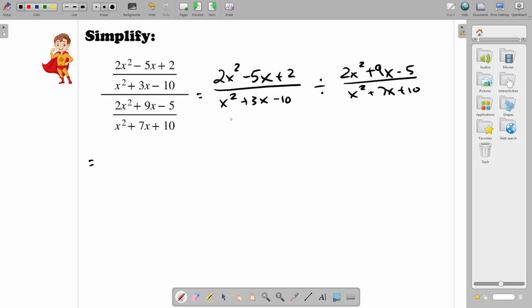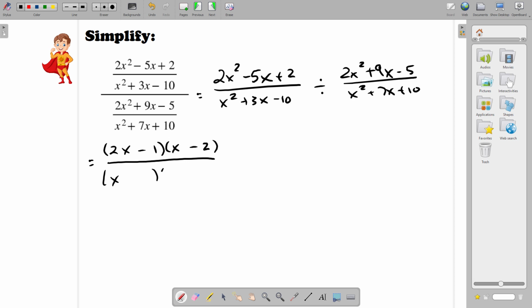So I'm going to go ahead and start doing some factoring just to save some time. Factors of 2x squared would be 2x and x. I need a negative 5. If I put a 2 here and a 1 here, that gives me 4 and 1. If I make both negative, I can get negative 5. Negative 4, negative 1's negative 5, and negative 1 times negative 2 gives me the positive 2.